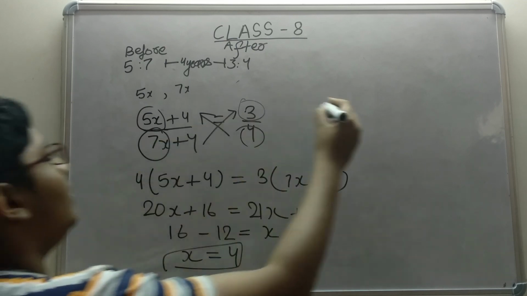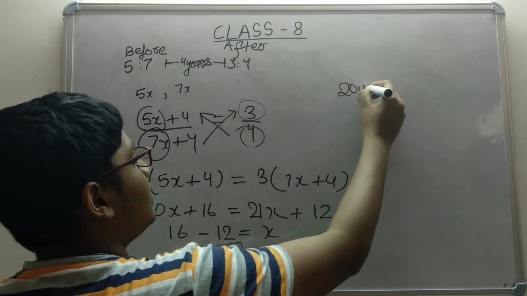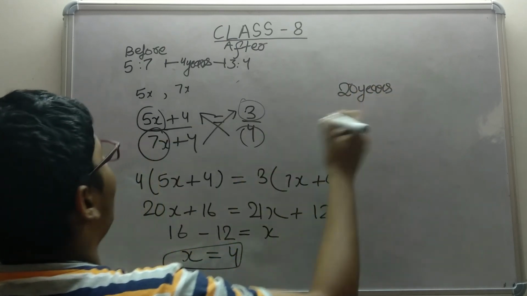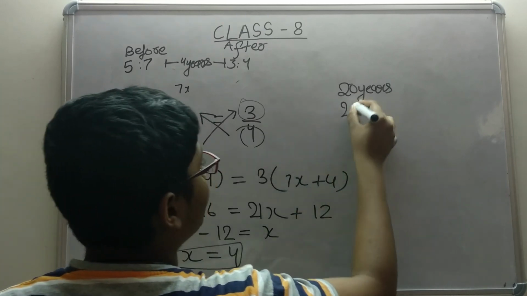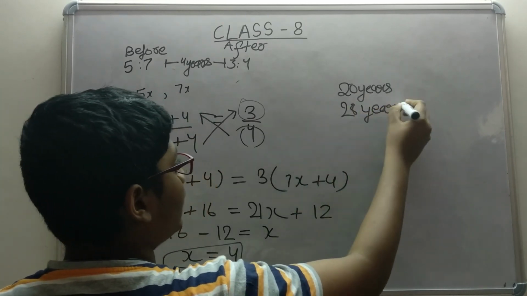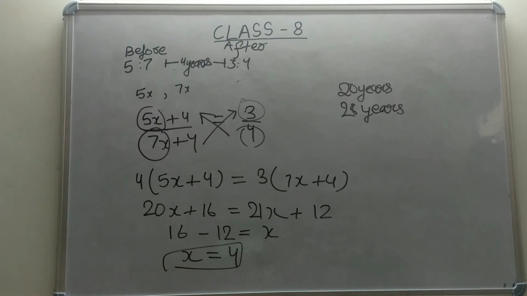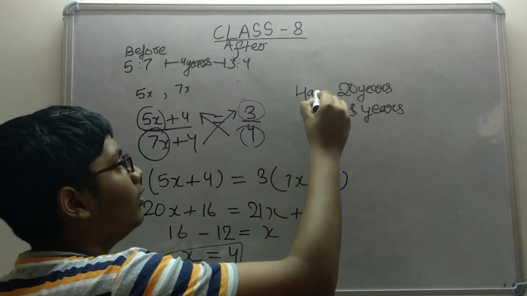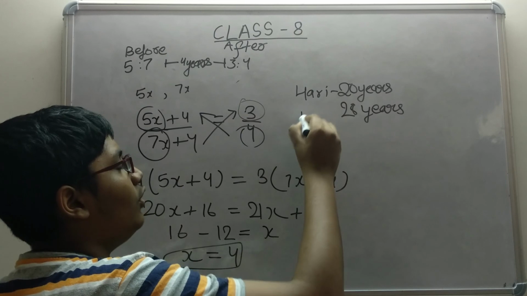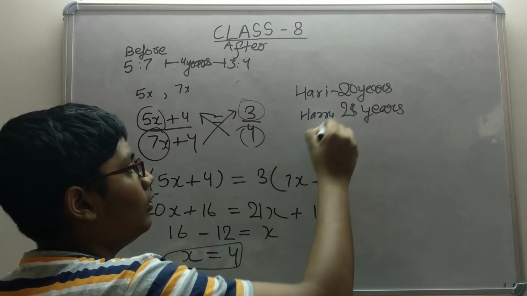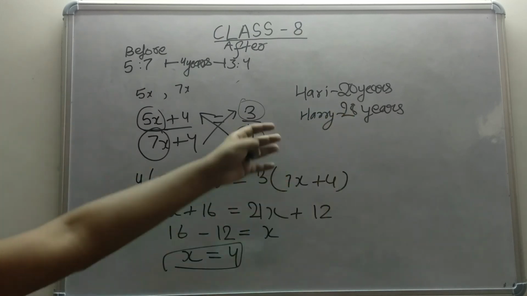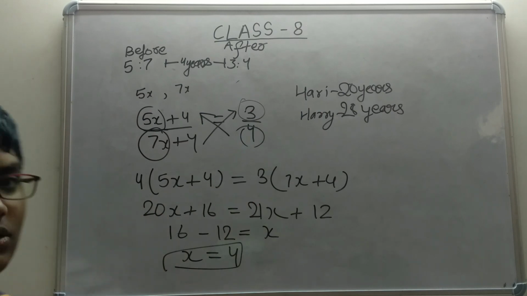So the present ages will be 20 years and 28 years. So this is of Hari, this is of Harry.